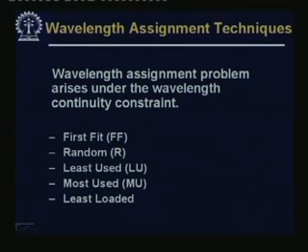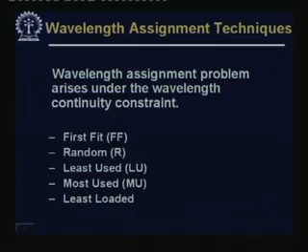This will have the opposite effect, in the sense that it will try to distribute the load evenly across all the lambdas. Or the most used one first, which need not be the first fit, or the least loaded, etc.